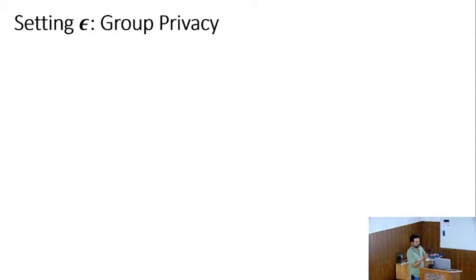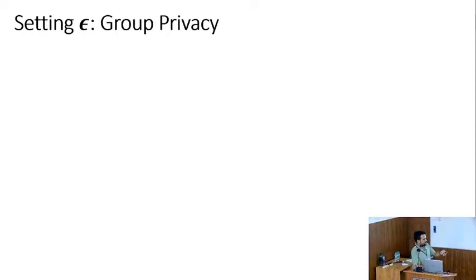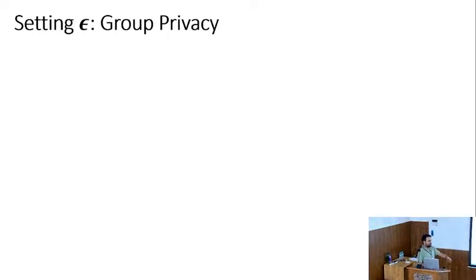So D1 and D2 are now differing in k entries, not one entry, because one individual's data you have replaced, and if the individual's data was repeated in the dataset, all the repeated entries will get replaced.